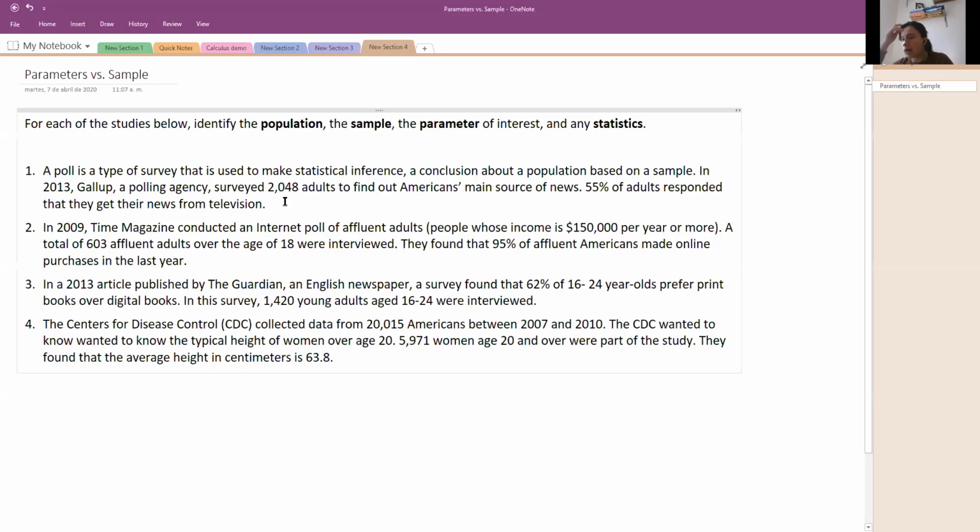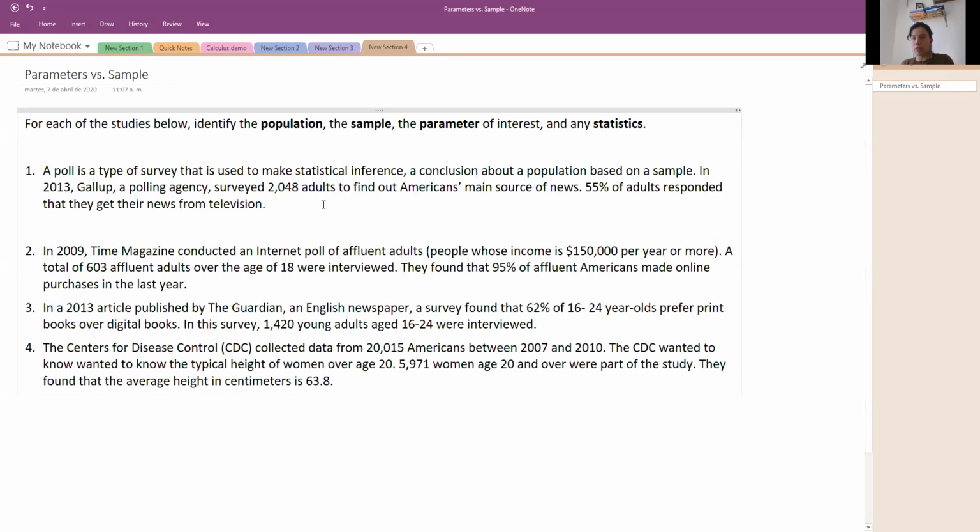So, what is the population in this case? I will start randomly assigning people if I get no answers. American adults. Population is American adults. And the sample is also going to be a sample of American adults, right?